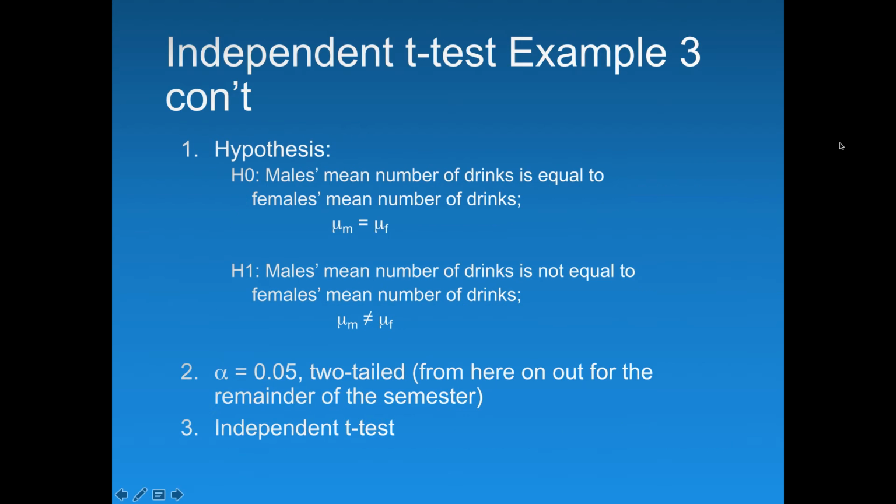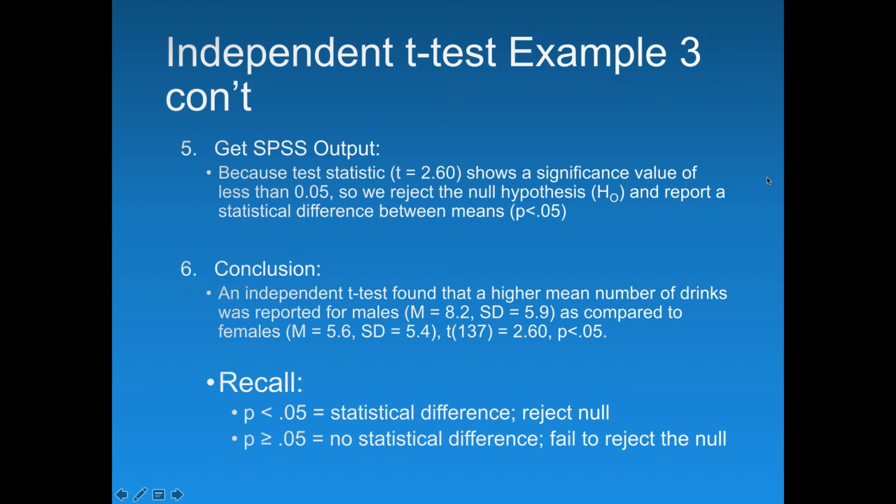Then, I skipped a number there. Whoops. Then you're going to click some buttons in SPSS, and then you get your output. And then in the output, you'll find your test statistic, which is 2.60. And there's also a p-value in the output, and it's less than 0.05. So since it's less than 0.05, there is a statistical difference.